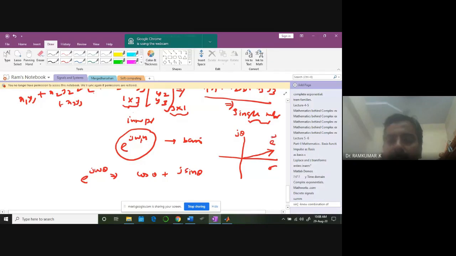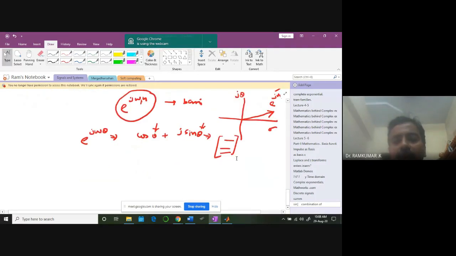This is my e power j omega 1 n. So it's more like a vector. When I plug in those values of omega n, I'm going to get a complex number. As I told you earlier, cos of that particular value is the x-axis component, sin is the y component. I can plug in that value and I will be getting a set of numbers.